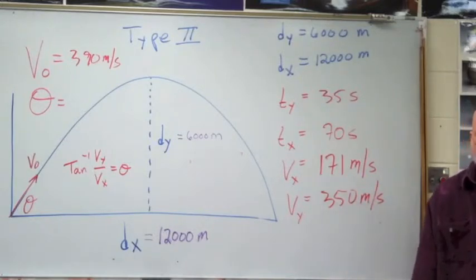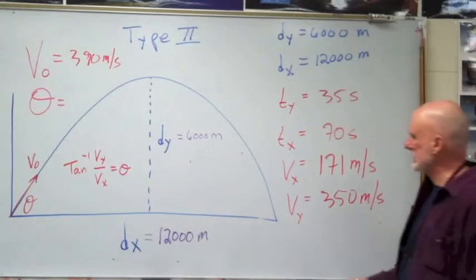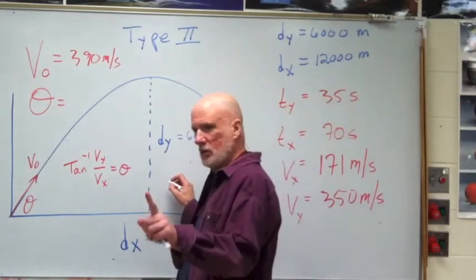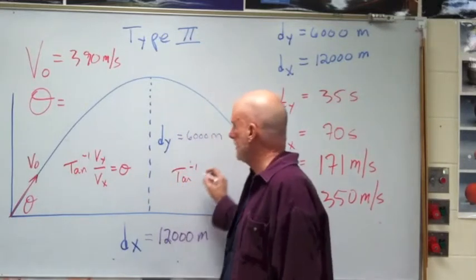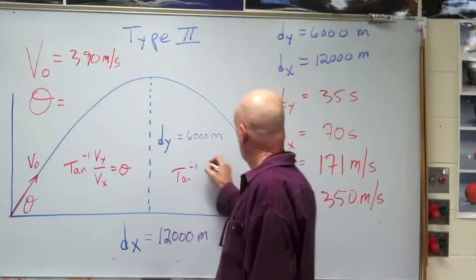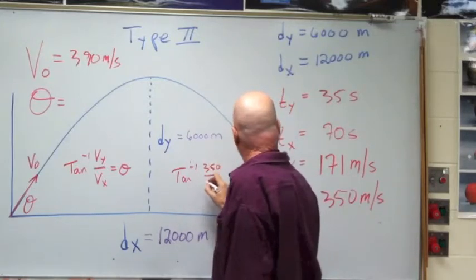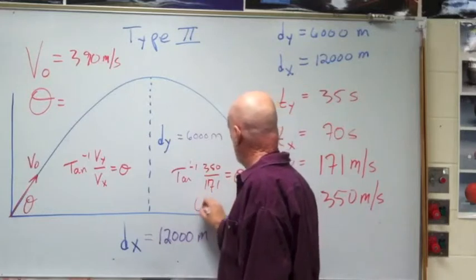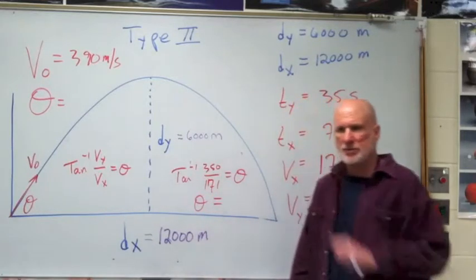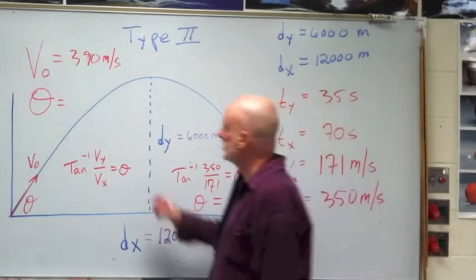So the angle is going to be greater than 45 degrees. So it should make sense. So we'll say arctangent of 350 over 171. Theta equals 64 degrees.